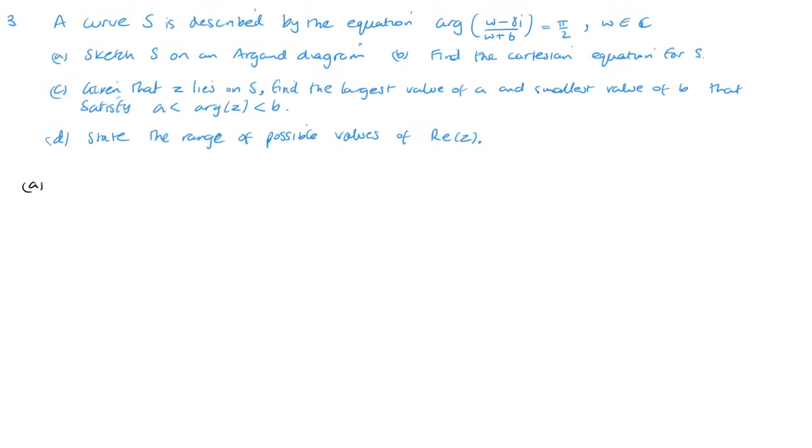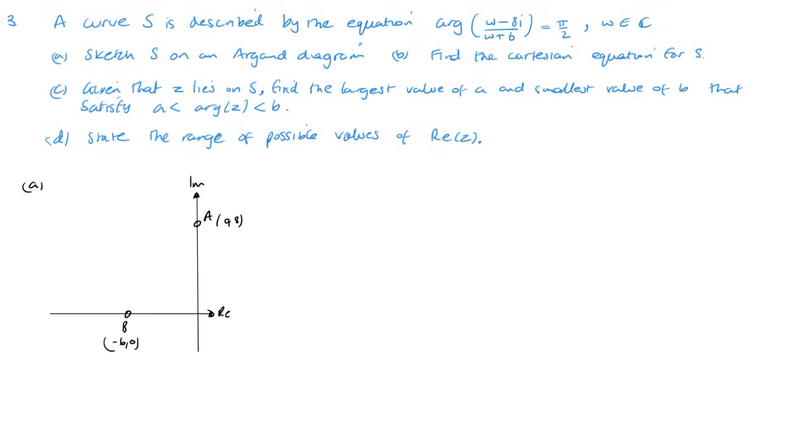So A, we're looking for a sketch. So it's from w = 8i, so that is here, and that will be our A, and w = −6, so somewhere here, and that will be our B. And this is 0, 8, and this is −6, 0.